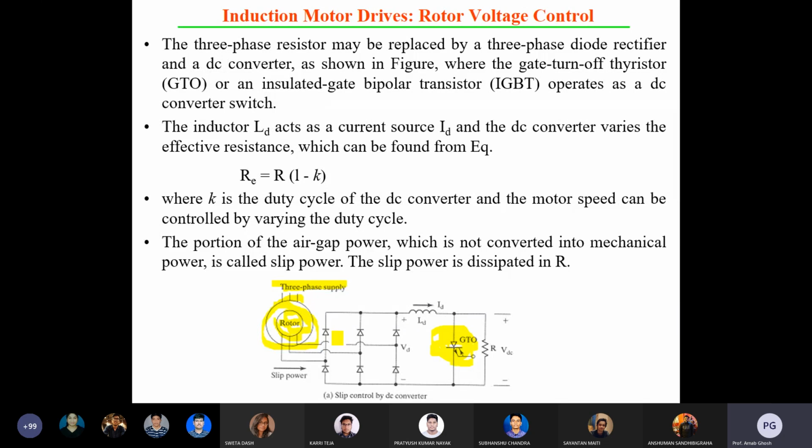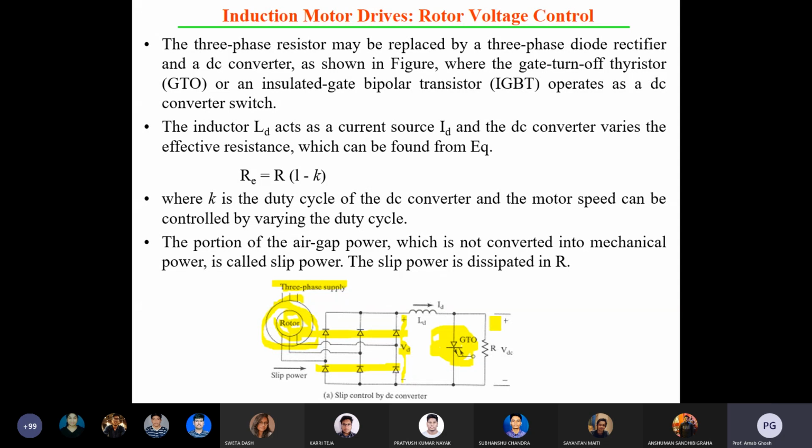The rotor output is AC, so you use a bridge to rectify it and get the DC value. Then you control the duty ratio, like a T-on duty ratio control. If you control it directly, that value will be reduced.